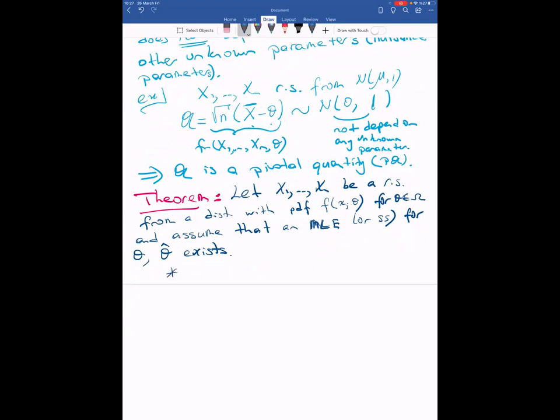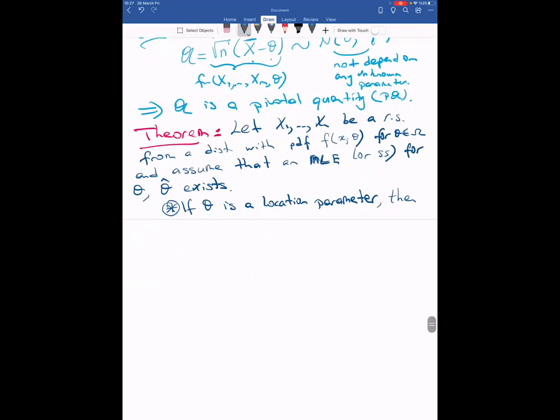Okay, so first rule on the location parameter: if theta is a location parameter, then Q equals MLE or sufficient statistic minus parameter is a pivotal quantity.